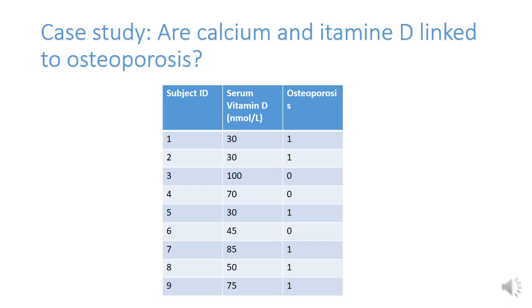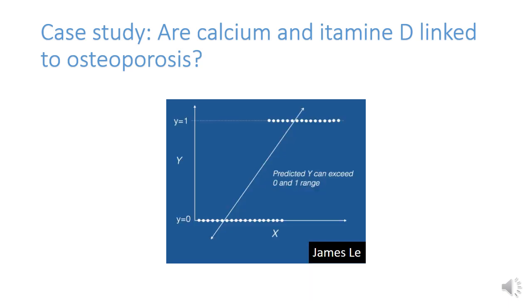So the first thing you would do when you have a data set like this, you would plot the data to see if you can fit a line through it. Once you have plotted the data, you would see a chart like what you see on your screen, where the x-axis would be something like serum vitamin D level or calcium level, and y-axis would be presence or absence of osteoporosis.